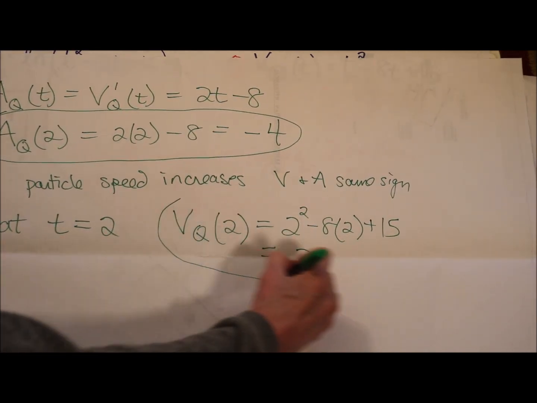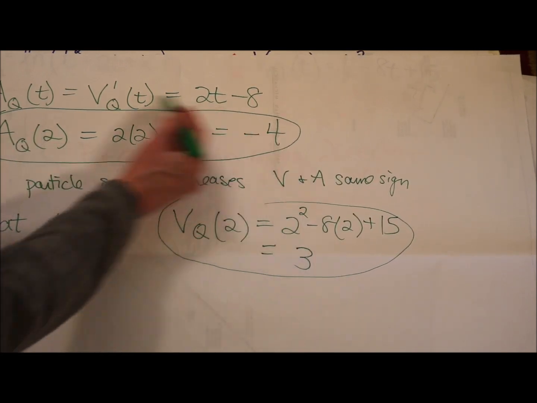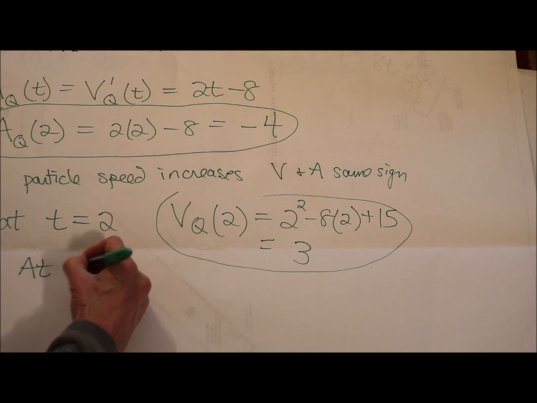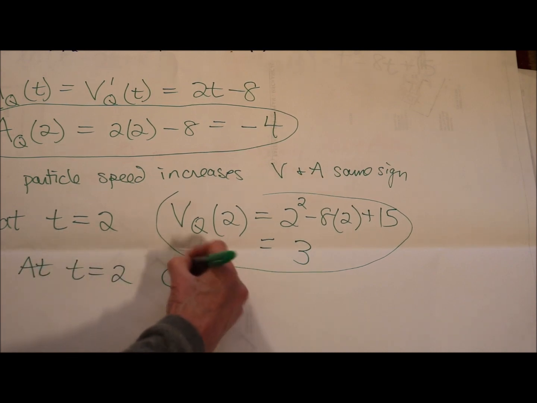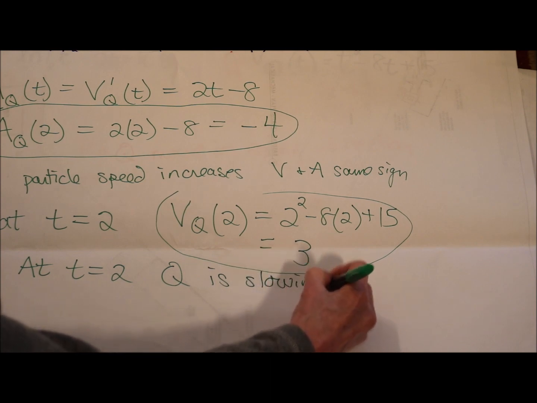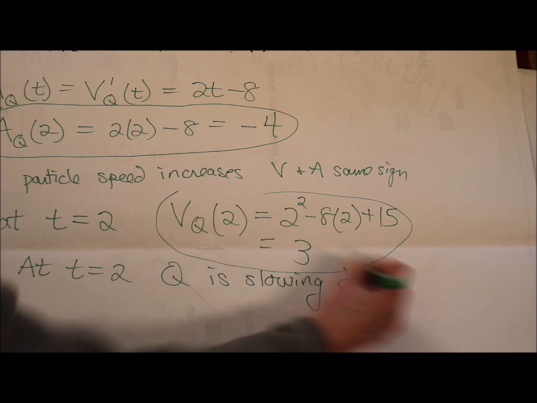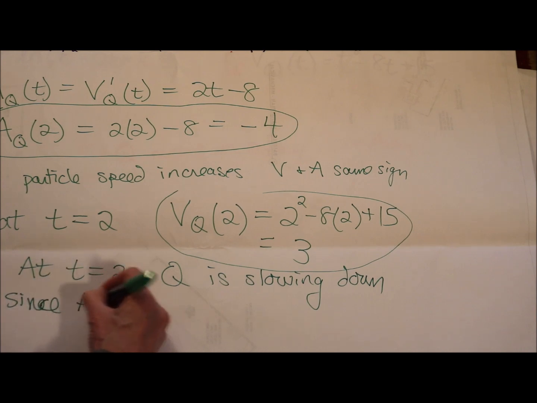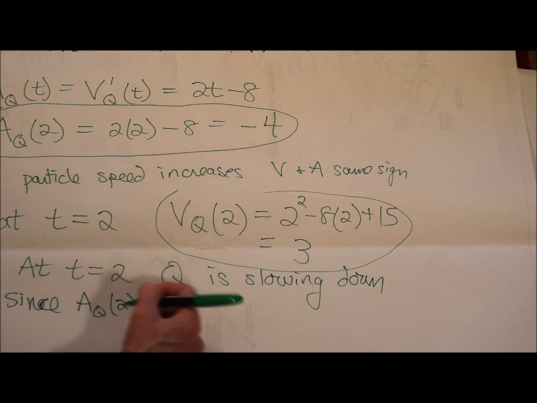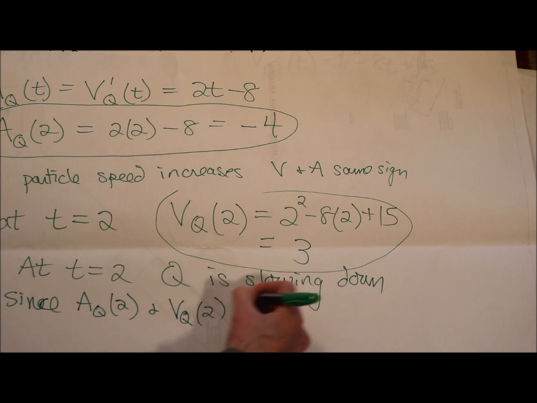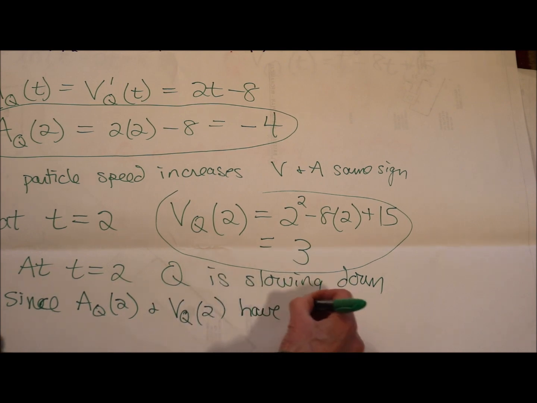My velocity at 2 is positive. My acceleration at 2 is negative. So at time equals 2, Q is slowing down, since a_Q(2) and v_Q(2) have opposite signs.